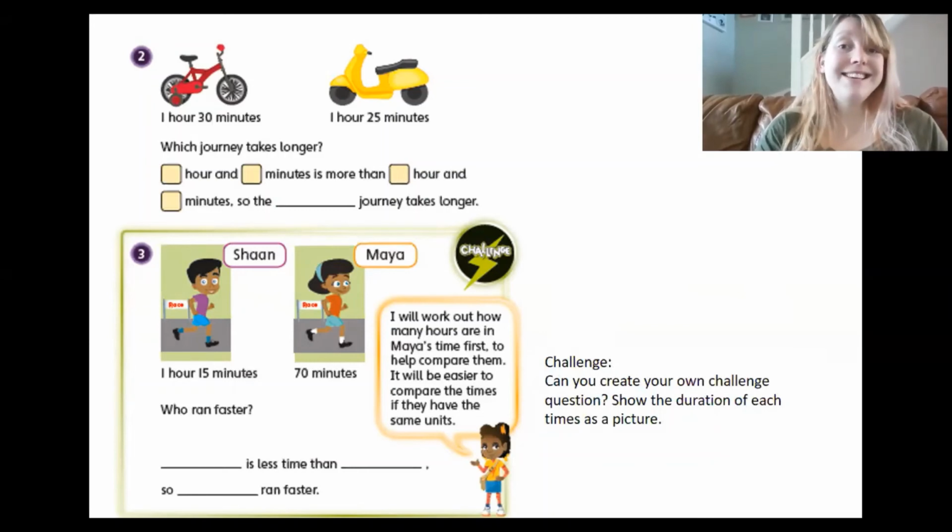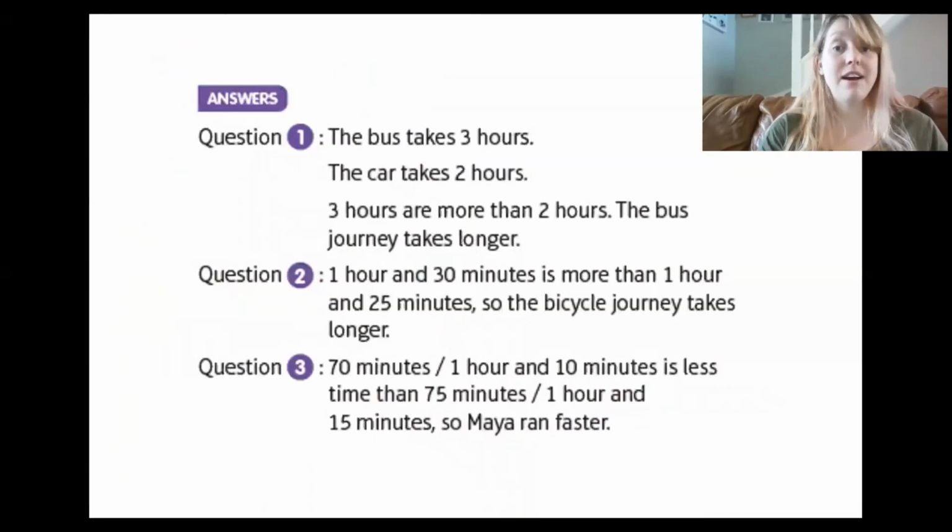You might find it easier to convert either Sian's time to just minutes or Maya's time to hours and minutes so that you can easily compare the two. Pause the video now and give it a go. Here are your answers.